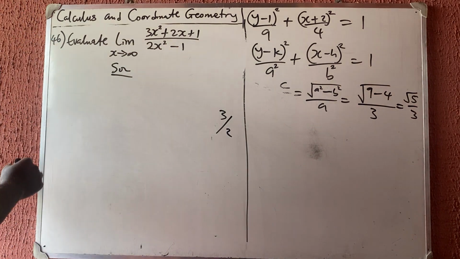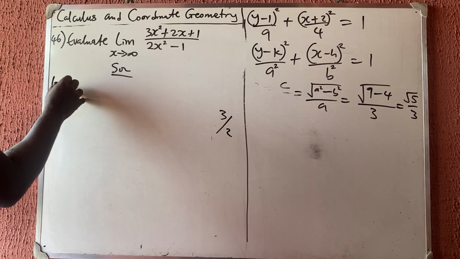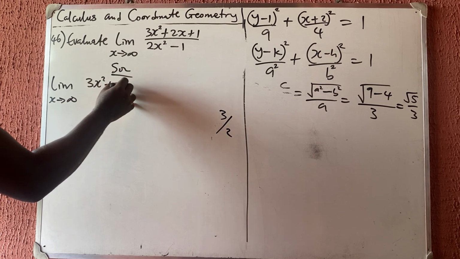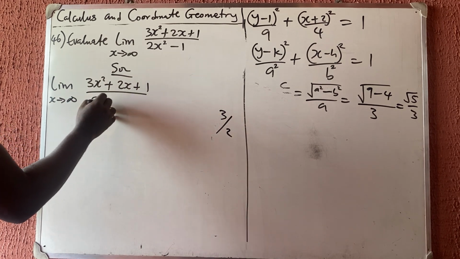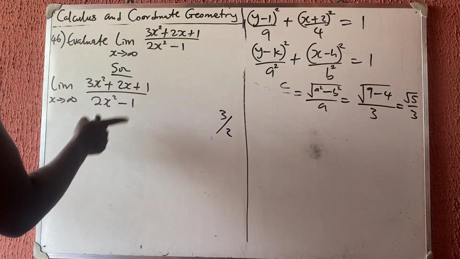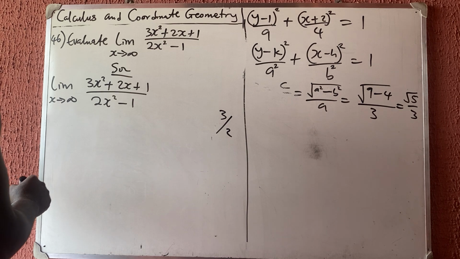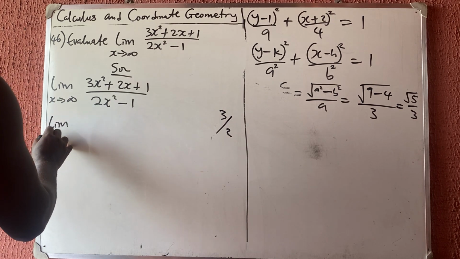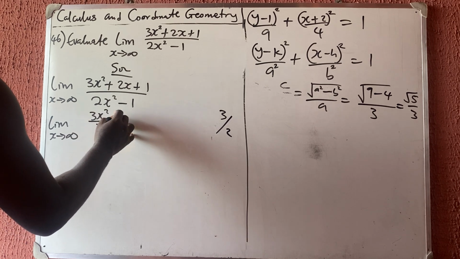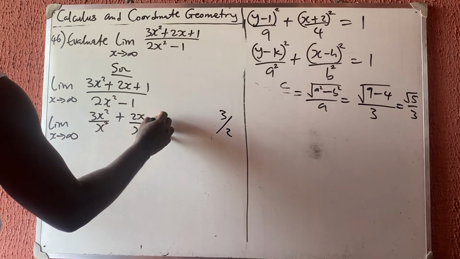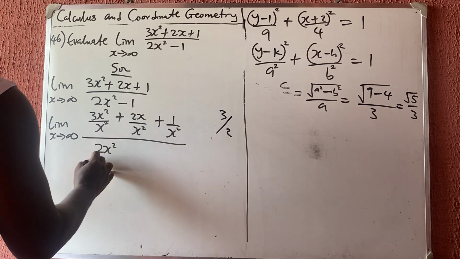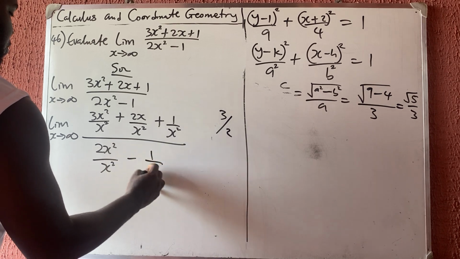So if you want to solve it normally, you have the limit as x approaches infinity of 3x squared plus 2x plus 1 all over 2x squared minus 1. Okay, this is the question. The first thing you do is divide everybody by the highest power of x. So this is now the limit as x approaches infinity of 3x squared over x squared plus 2x over x squared plus 1 over x squared, all over 2x squared over x squared minus 1 over x squared.